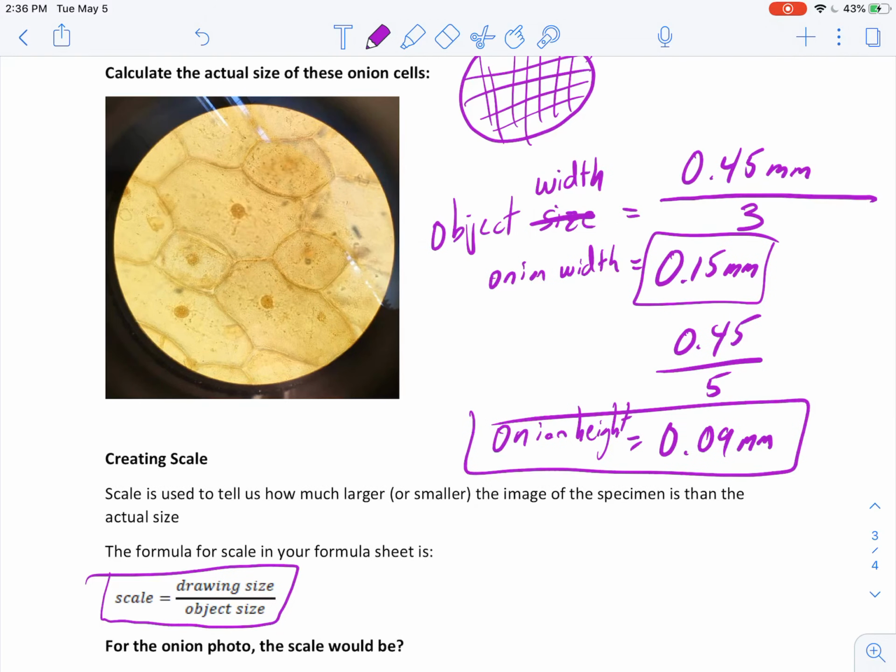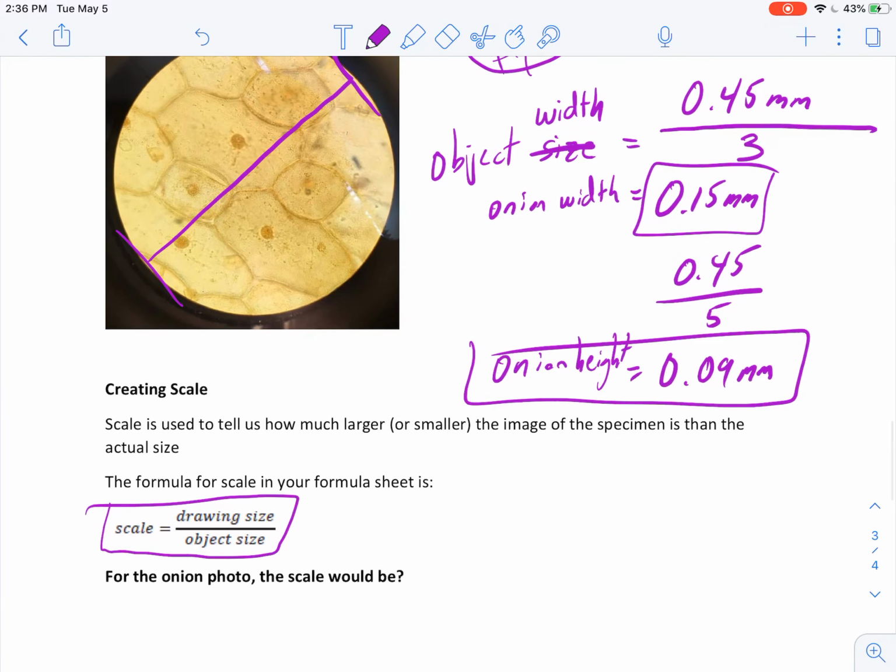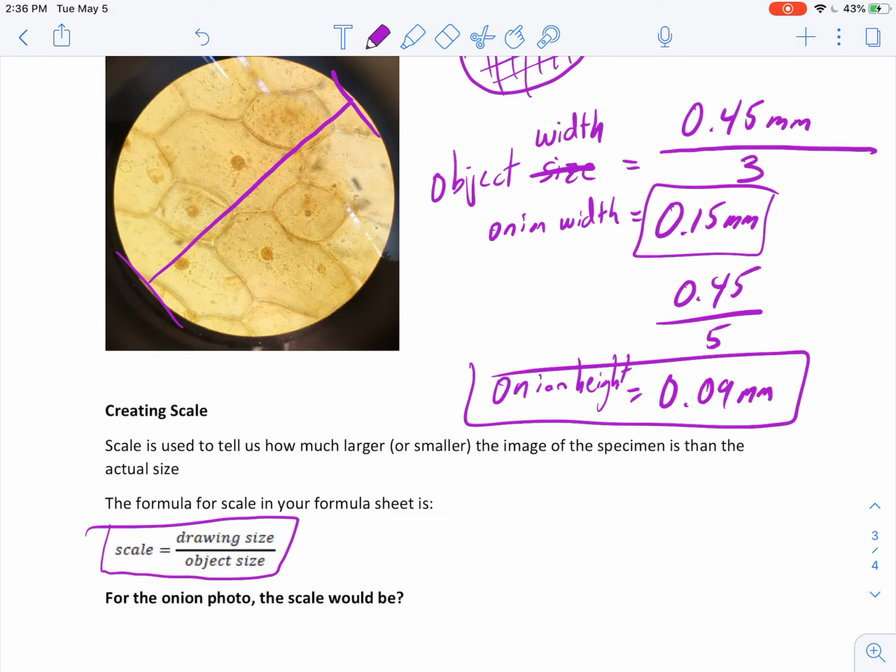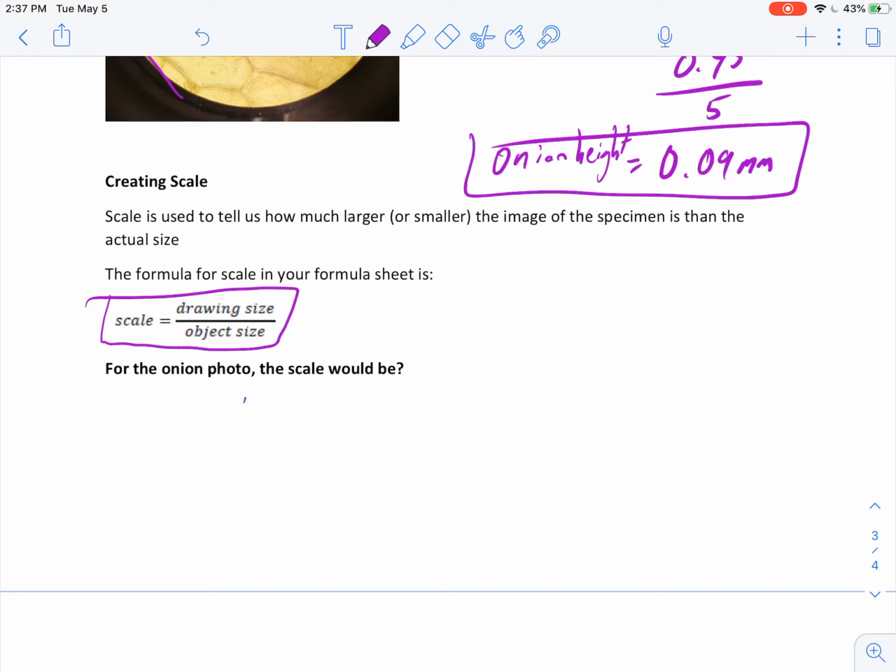So you'd actually take a ruler and measure the length of this drawing, and then divide it by the actual length, which is your field diameter. So I'm actually going to take a ruler and find out how wide this scale is. This ends up being 6 centimeters wide. So 6 centimeters. And then I'm going to divide it by my field diameter of 0.45 millimeters.